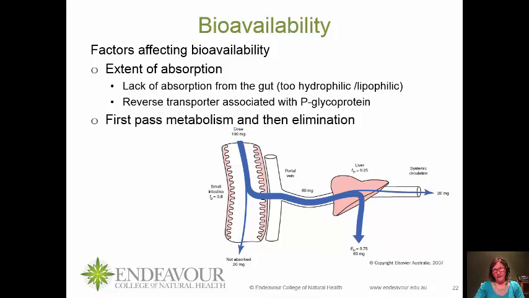So of that 80 milligrams that was absorbed by the gut, went into the portal vein, 60 milligrams of it was removed by the enzymes in the liver, these biotransformation enzymes. This left us with 20 milligrams of the original available dose that reached the systemic circulation. So the bioavailability of this drug is that 20 milligrams.